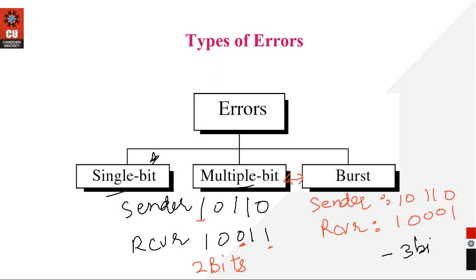And what is the place of those 3 bits impacted by the noise? Are they consecutive to one another? Are they neighbors of one another? This is impacted, this is impacted, this is impacted, right? So whenever multiple bits of your data are impacted and along with that they are consecutive to one another, we will refer to that as a burst error.